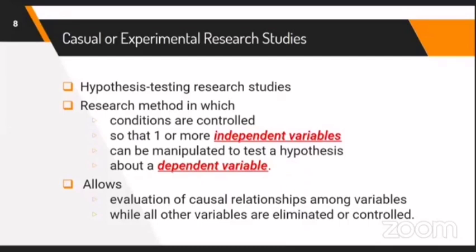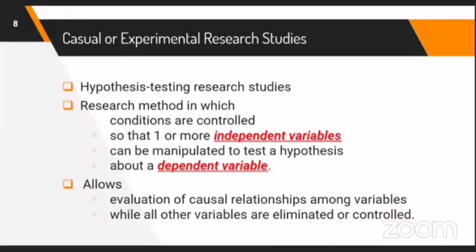So this is just a comparison of the three designs: the exploratory, descriptive, and then the causal type of research in terms of their objective. In the exploratory type, it's more on discovery of ideas or insights, because they are just reviewing or formulating different problems or ideas.